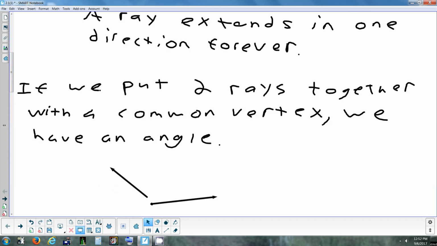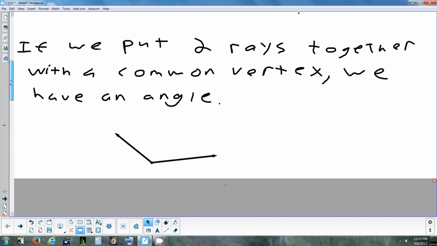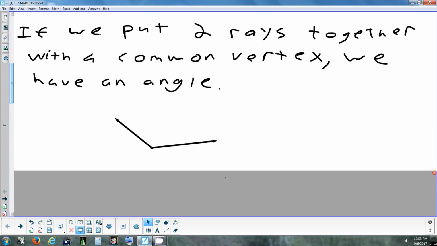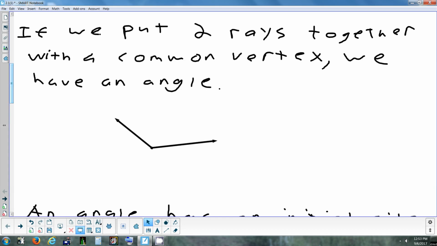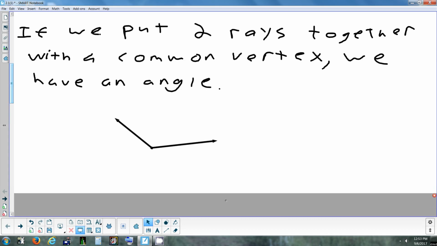But once I make it so they have a common starting point, now I've created an angle. And those two rays, we call those the sides of the angle.